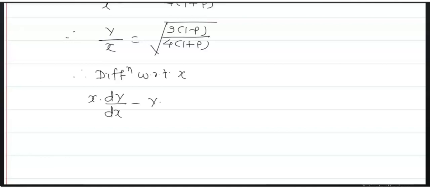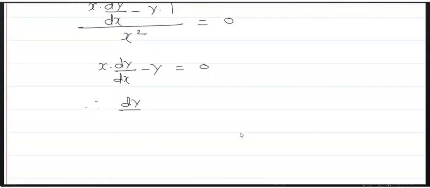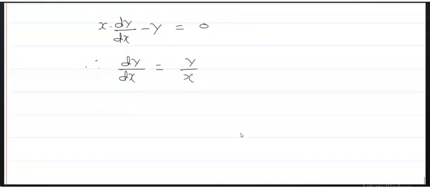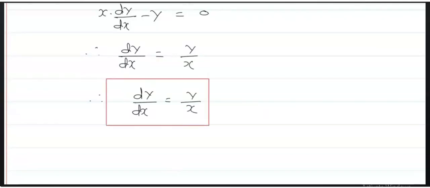Again apply the quotient rule. The derivative of this constant is 0. Same thing is repeated here. Therefore dy by dx is equal to y upon x. Hence proved.